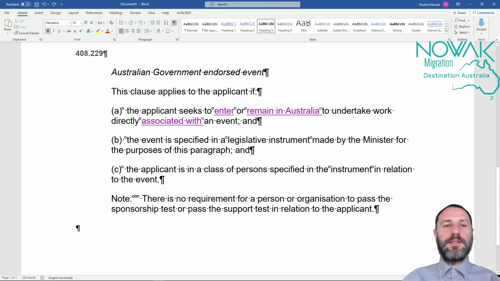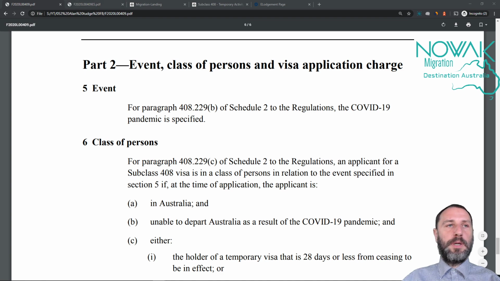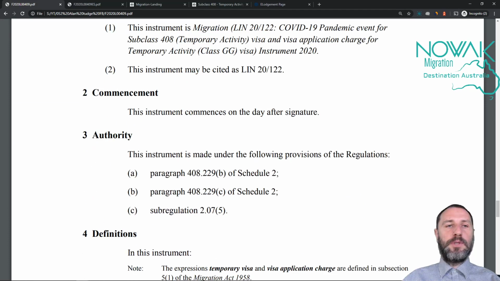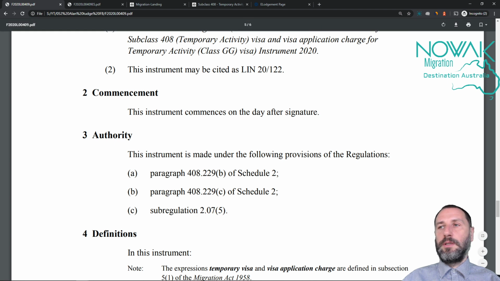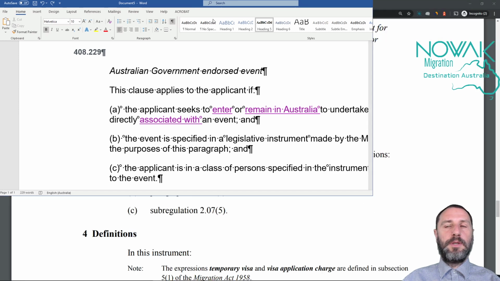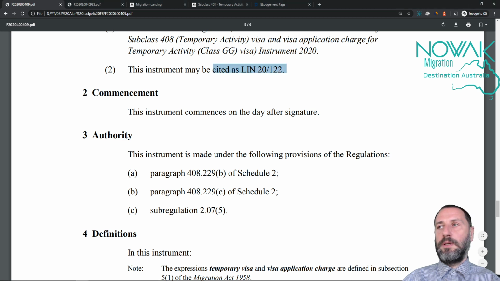408.229, so that's what has been specified in the legislative instrument, not the regulation. If we look over here, authority, paragraph 408.229b and 229c. So this is the one, 229b: the event is specified in the legislative instrument made by the minister for the purposes of this paragraph, which is this one, okay?